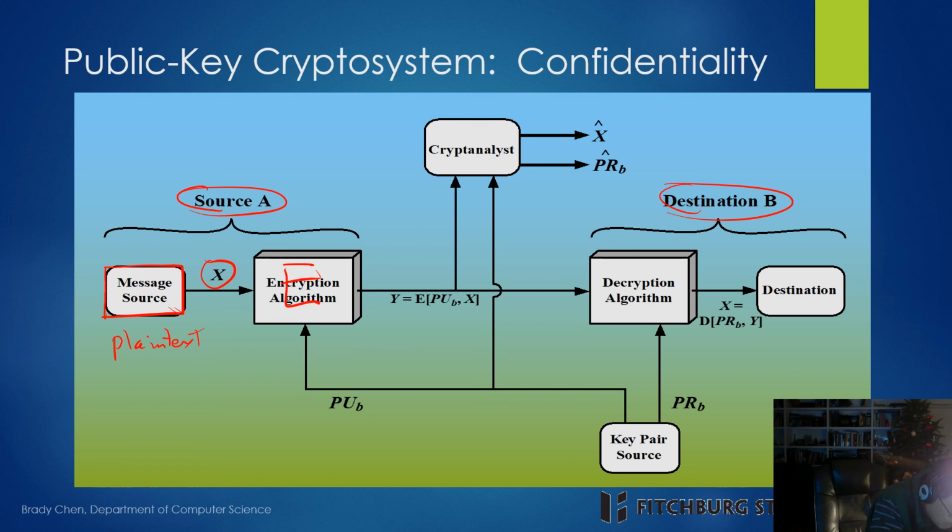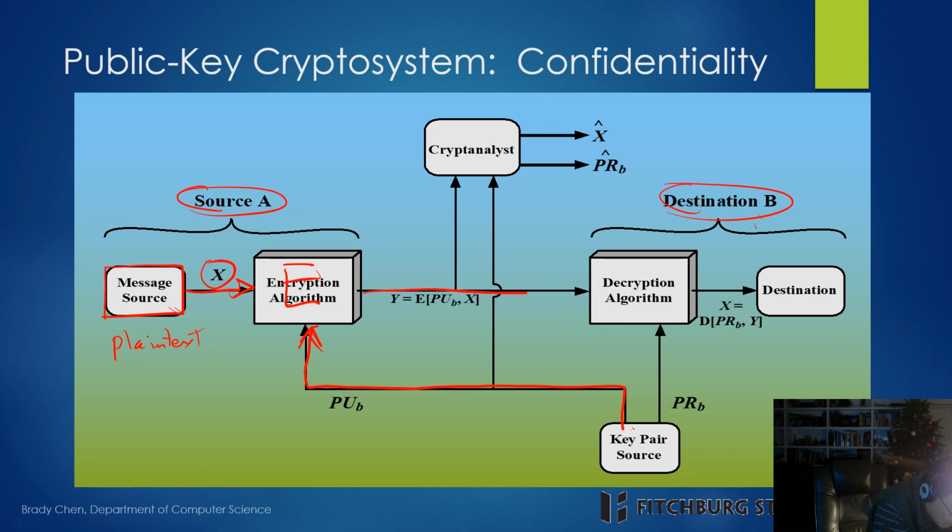If we want to encrypt the message, we use the public key of the receiver, the destination B. So we use the public key of the destination B and the plain text.